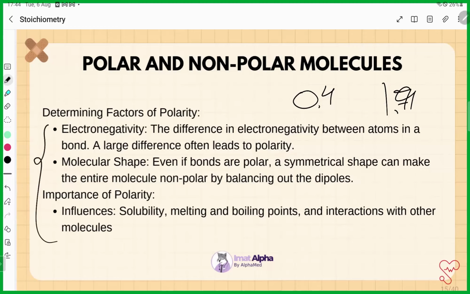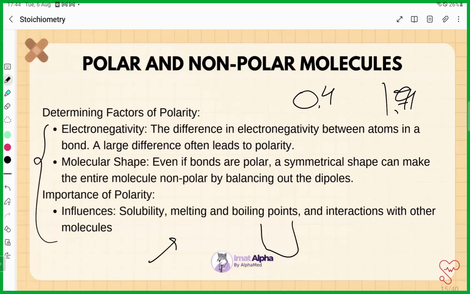Importance of polarity: it influences solubility, melting and boiling points, and interactions with other molecules. Polarity influences solubility because a polar solvent allows more polar solutes to dissolve, and a nonpolar solute dissolves easily in a nonpolar solvent.